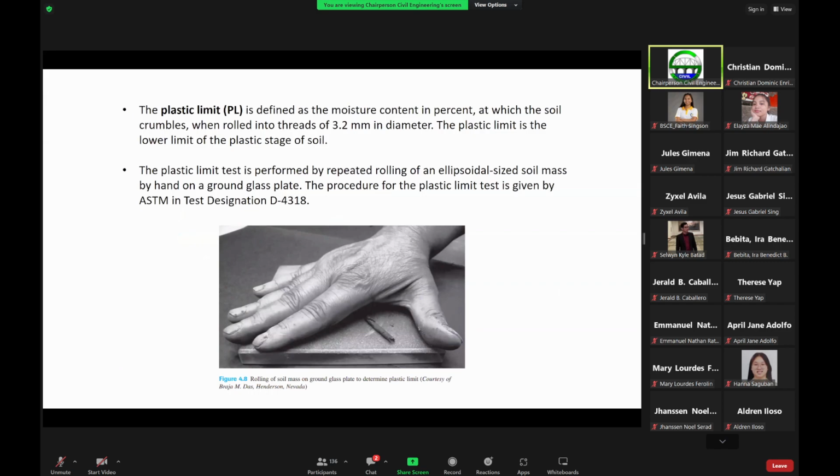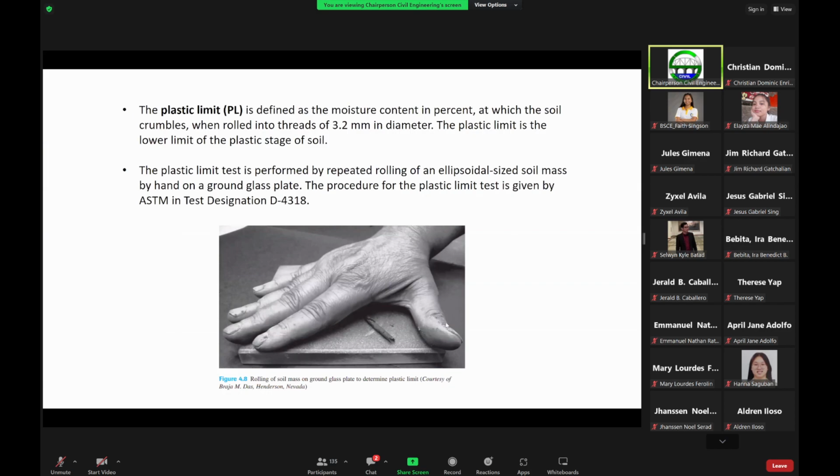This plastic limit is the lower limit of the plastic stage of the soil. Again, you will be doing this in the lab. You will get a soil sample, then play with it in the lab, try to roll it until it becomes threads of 3.2 millimeters in diameter. When it crumbles, that's now the plastic limit.